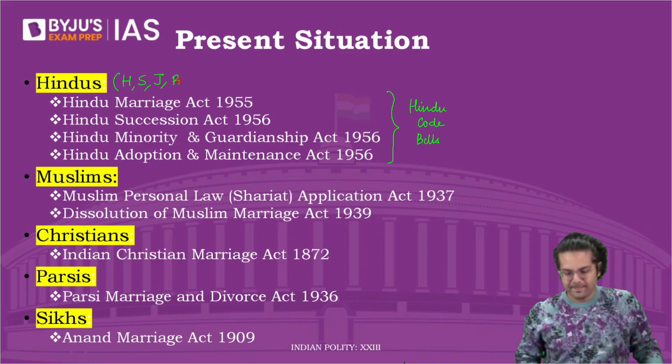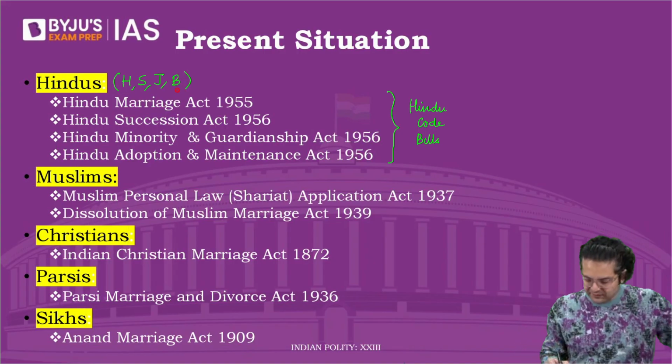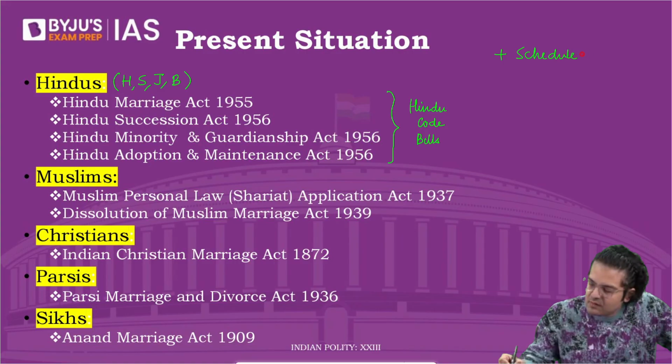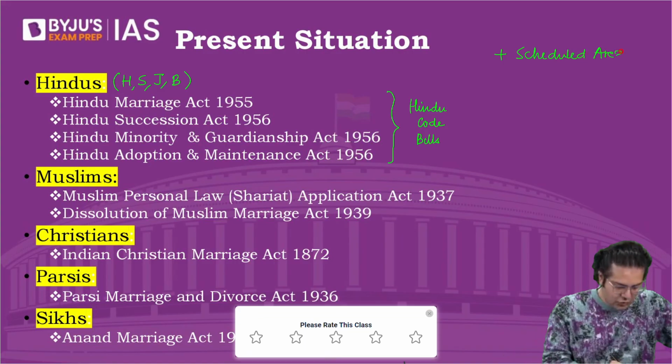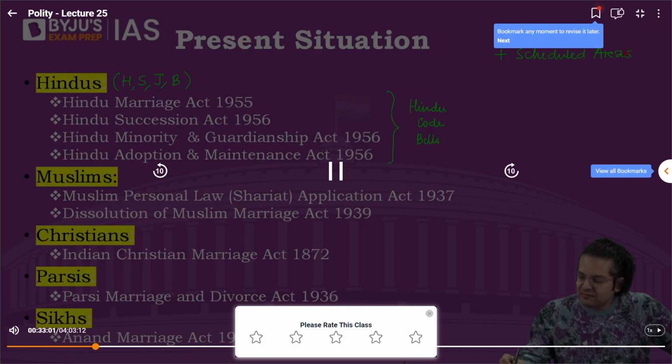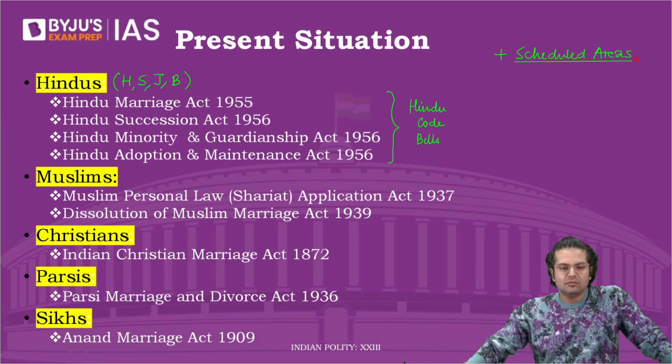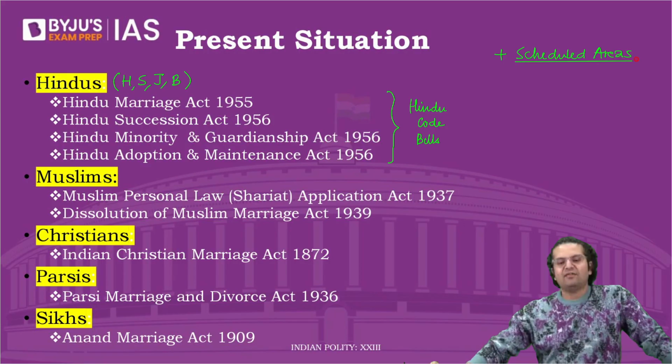Okay? Now, apart from this, plus in the scheduled areas, don't we have ADCs which make laws for tribals? Tell me, yes or no? For tribals, we have separate laws.